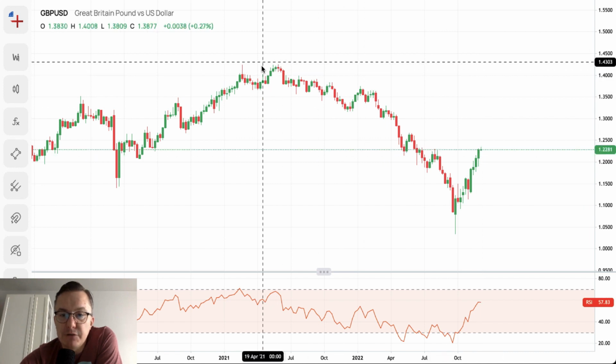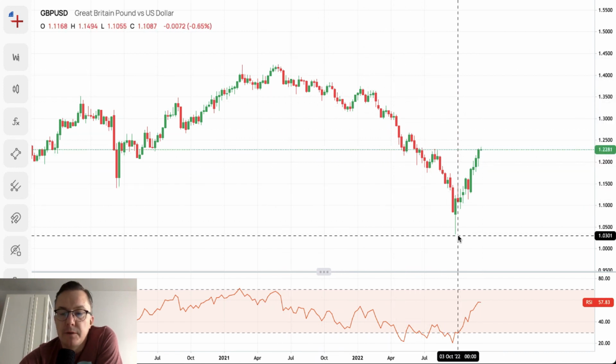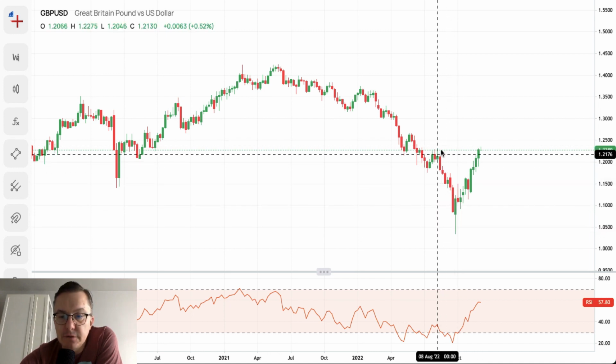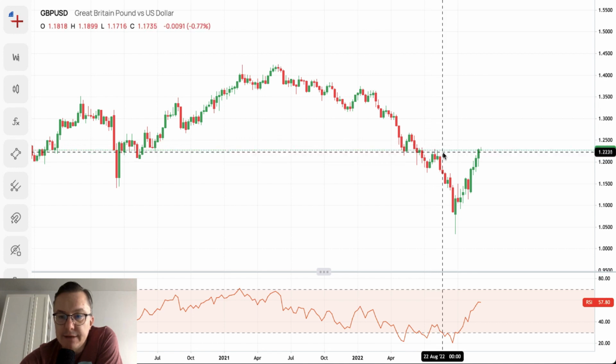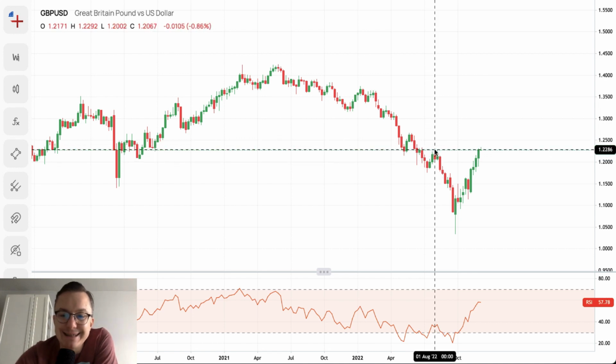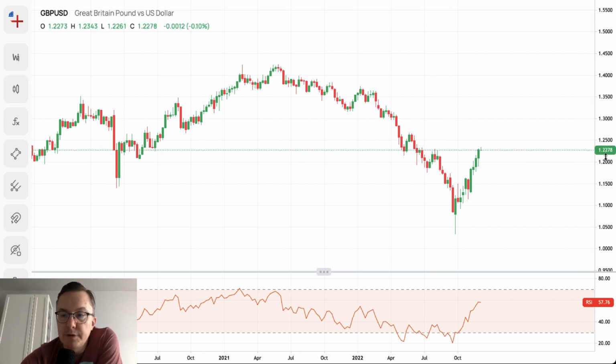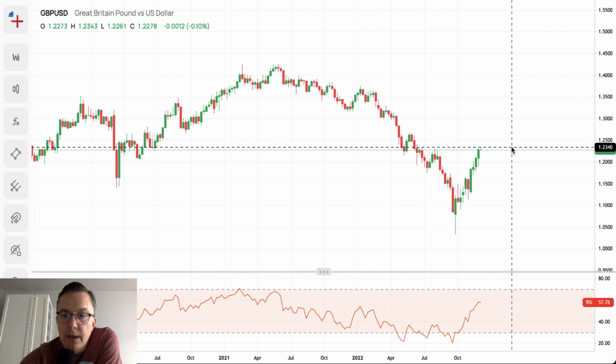50% Fibonacci retracement of the last big wave down. As you can see, there is some sort of pin bar located here, so there is some sort of resistance located around 1.2278, 1.2350.